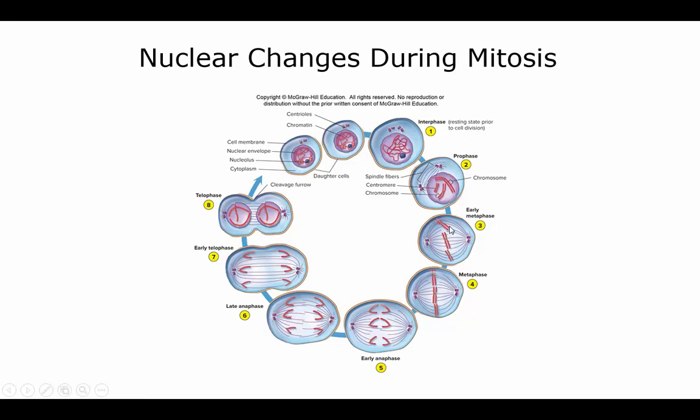In early metaphase, you can see how the centrioles are on opposite sides, and this football-shaped structure, the spindles, how the chromosomes are attaching to the spindles by their centromere, and they're beginning to line up in the middle, and by the time metaphase is finished, they are lined up in the middle.